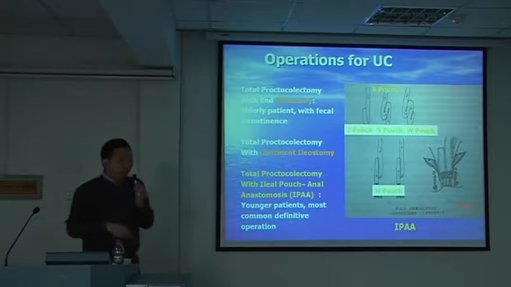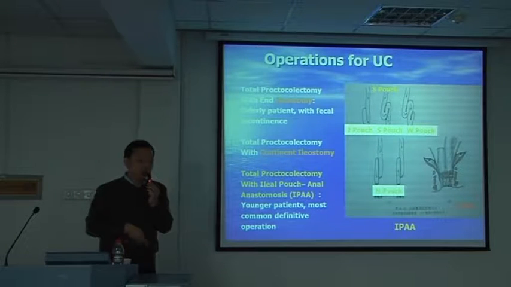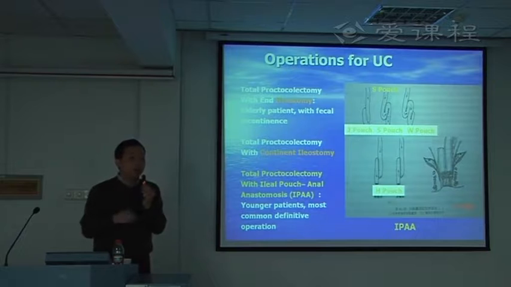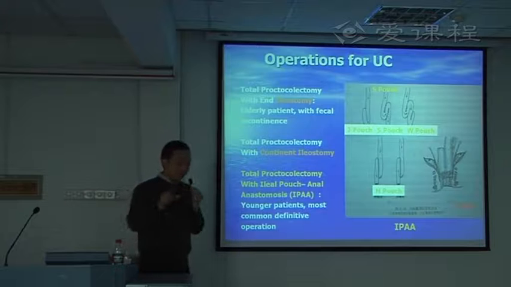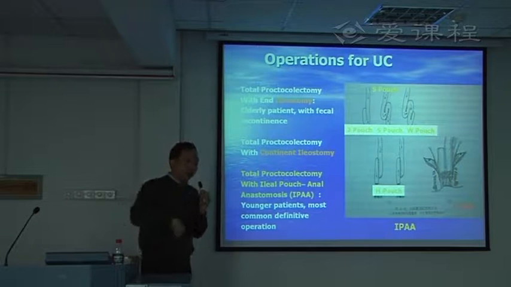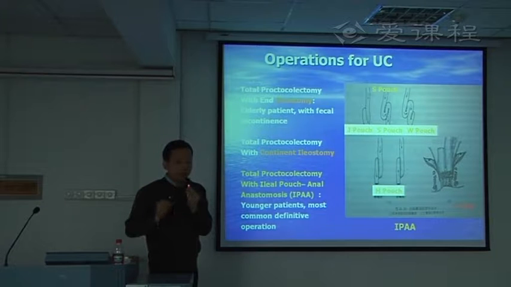And after we do this operation, usually we do a temporary ileostomy. After we do the anastomosis, a part of the ileum 10 to 20 centimeters proximal is taken out, then we do the ostomy. This ostomy is called a temporary ileostomy, only used for fecal diversion.